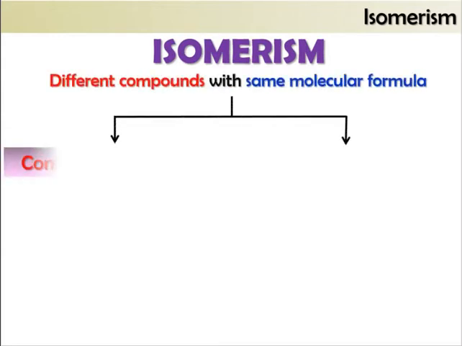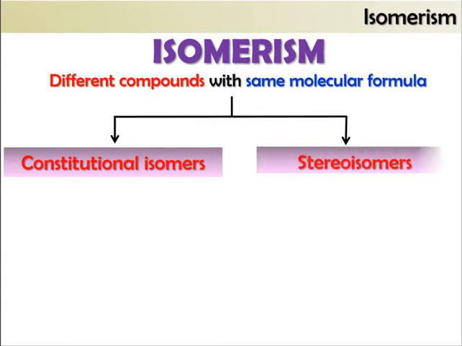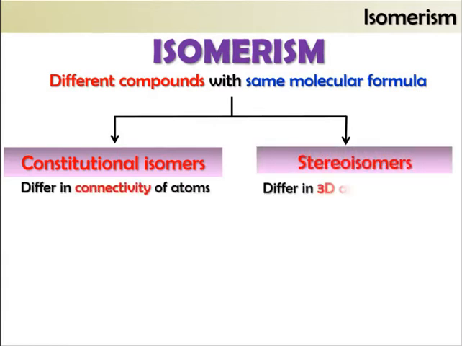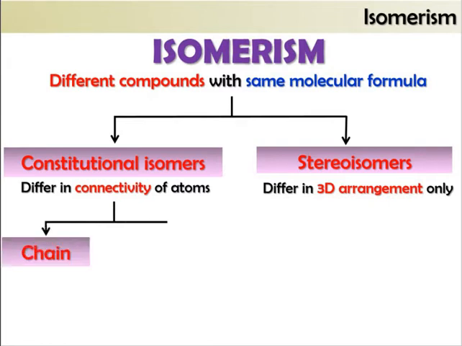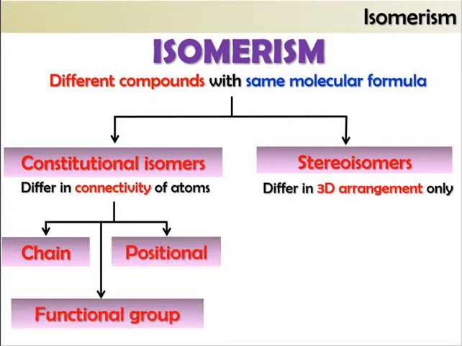So this is a summary about both of the isomers. Constitutional isomers differ in connectivity of atoms. So we have chain isomer, positional isomer, and the last one is functional group isomer. For stereoisomer, they differ in 3D arrangement.